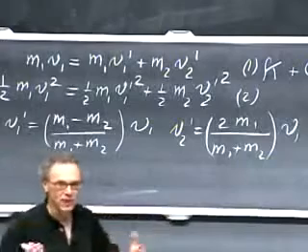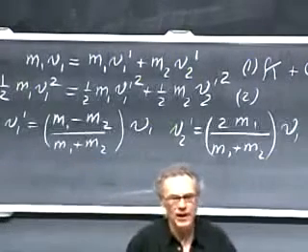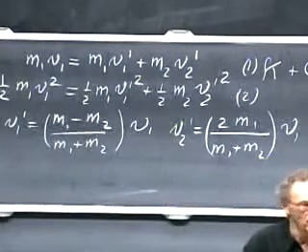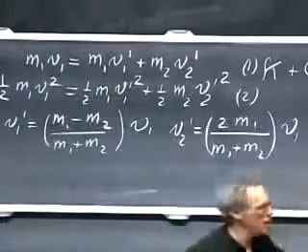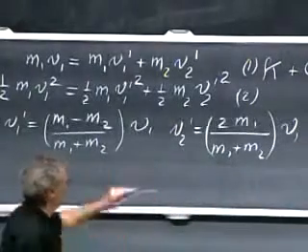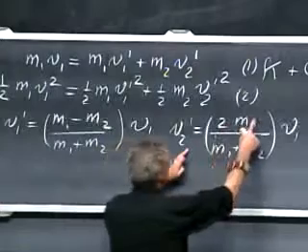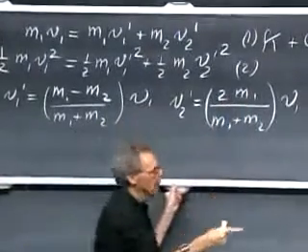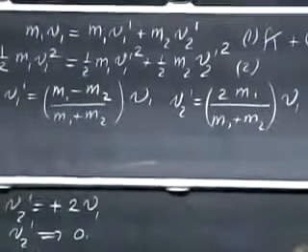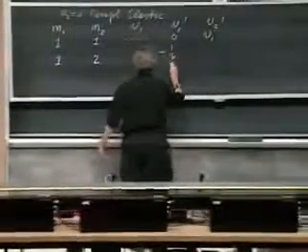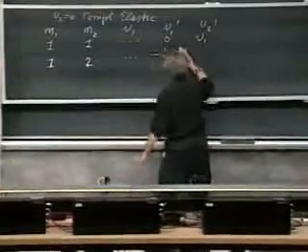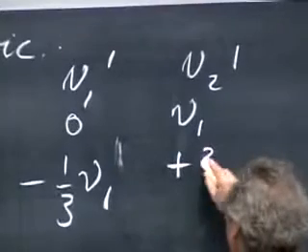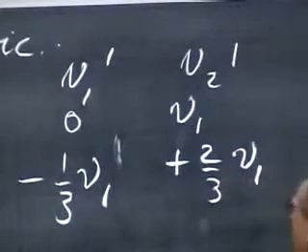No surprise. If you bounce a lighter object off a more massive object, no surprise that it bounces back. So that's minus 1/3. And when we look here, we have 2 times 1 divided by 1 plus 2 is 3. That is plus 2/3. So number 1 will come back with a speed 1/3, which of course, since this is sign sensitive, we get minus 1/3 v1, and this one is plus 2/3 v1.